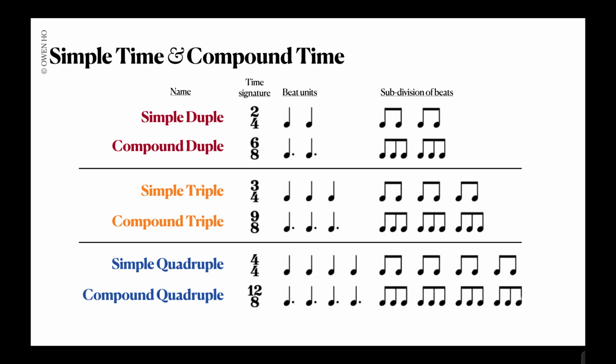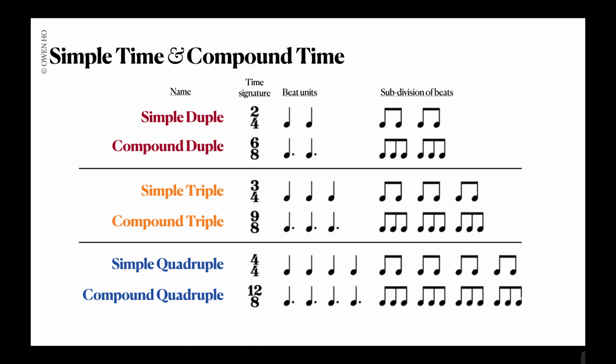In summary, we have 3 kinds of time: duple, triple, and quadruple. And for each of these times, we have a simple and compound version of it. What matters really are the top numbers. In simple duple, we always have a 2 at the top. In compound duple, we always have a 6.